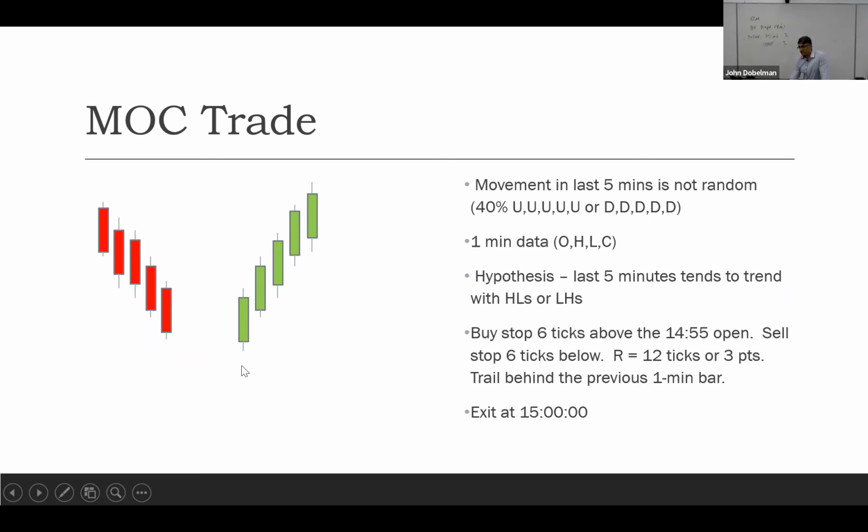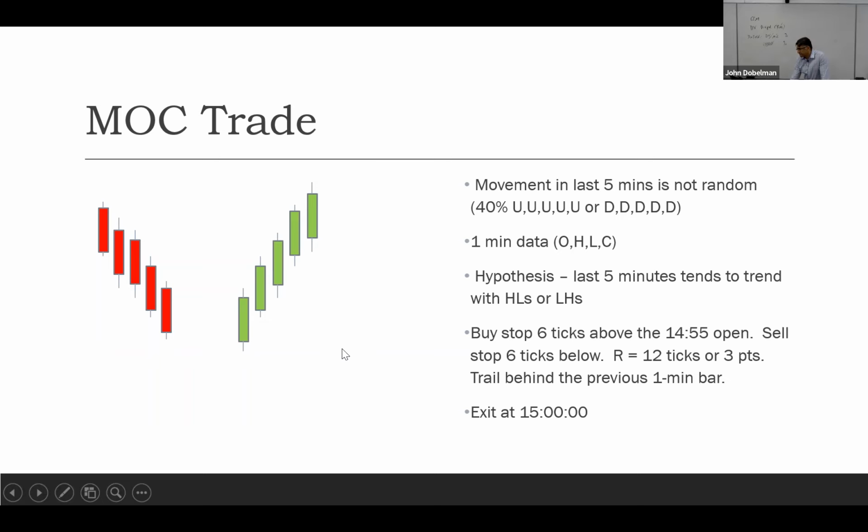Whichever one takes me in, the other one becomes my initial stop, and then start trailing it. So once this bar is complete and we go on to this bar, I move my stop to 1 tick below this. As soon as this bar starts, this one completes, I'll move my stop here. And that way you just kind of minimize your risk, and over time you're locking in profits, even if you have one of these bars that doesn't finish that way, and then just exit right at the final close.